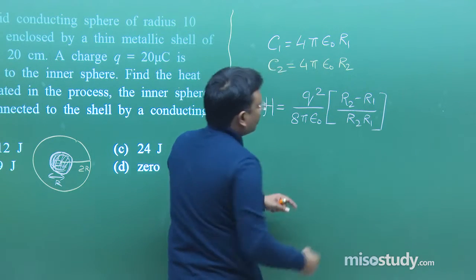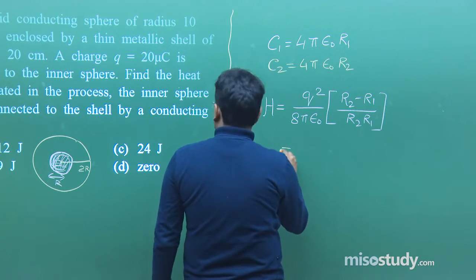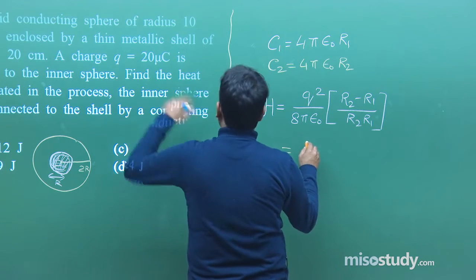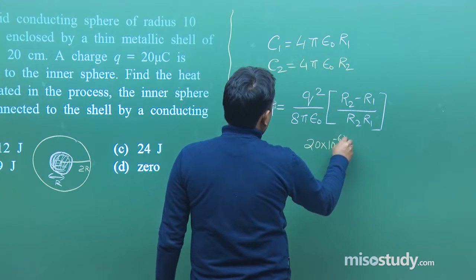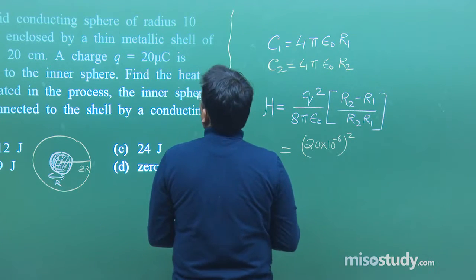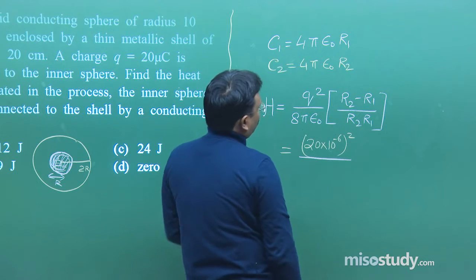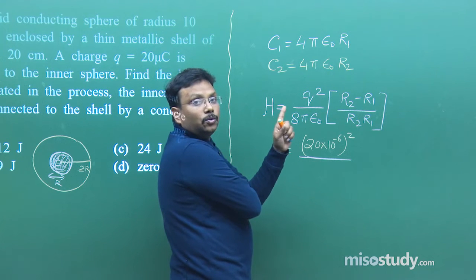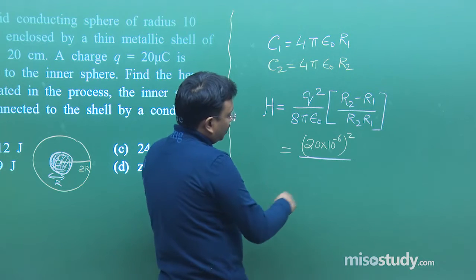Clear? Now, R1, R2 values I mentioned over here. So, let me put the values. What exactly the charge is? Charge is 20 into 10 to the power minus 6, squared. Fine. Then 8 pi. So, you can do one thing, 1 upon 4 pi epsilon naught is 9 into 10 to the power 9. Okay, and that too divided by 1 by 2.